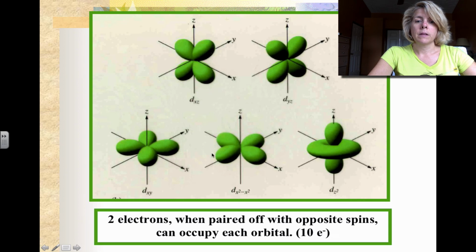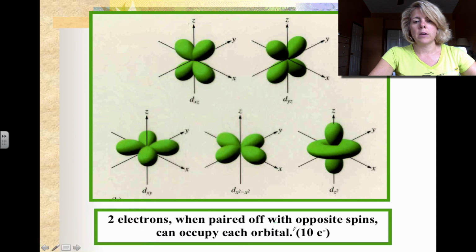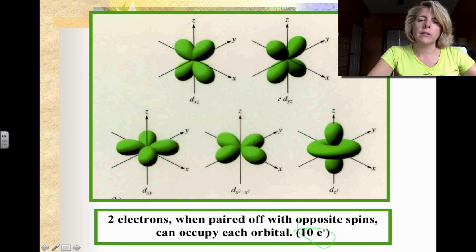Okay, with the d electrons, once again, we're building complexity here. We can have a total of 10 electrons. Now the good news is I will not ask you to draw these type of orbitals, but just to let you know, we're talking about the orbitals along the xz axis, the yz axis, the xy, the x squared minus, that should be a y squared, that's a typo, and then z squared.